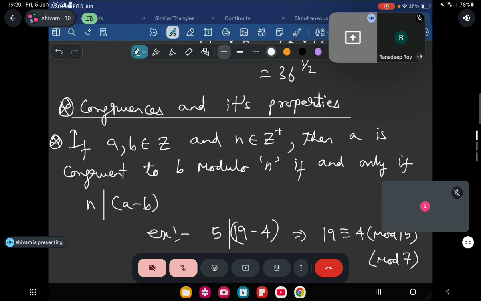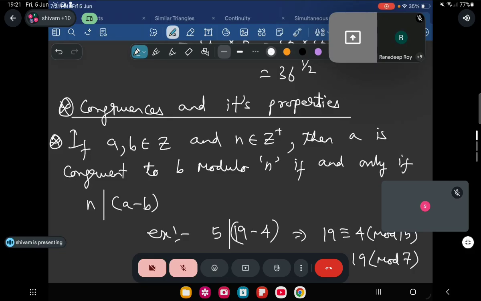Sir, can I say that 33 is congruent to 19 mod 7? Is 33 minus 19 divisible by 7? Yes or no? Yes.